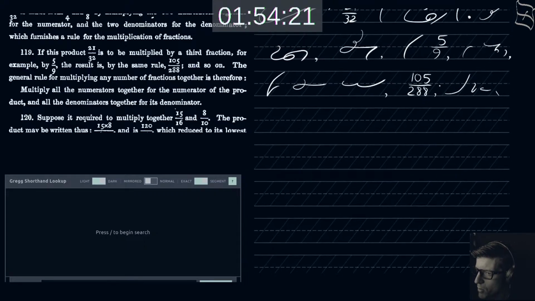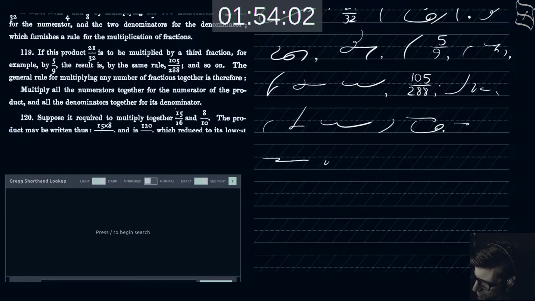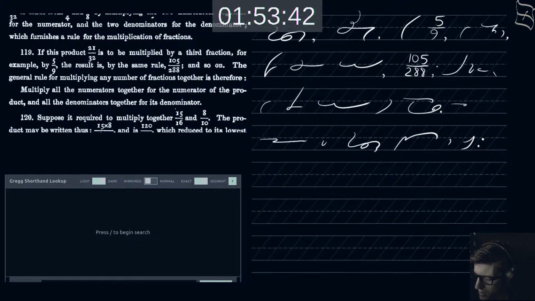The general rule for multiplying any number of fractions together is therefore: And then here's our next paragraph.